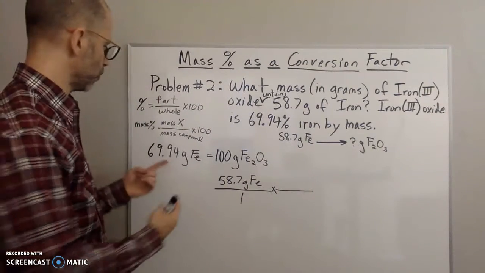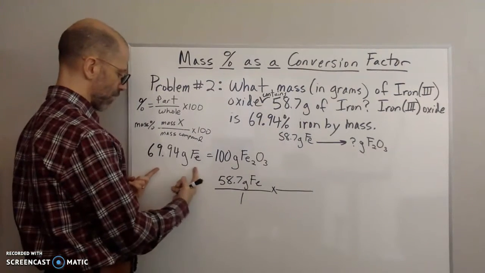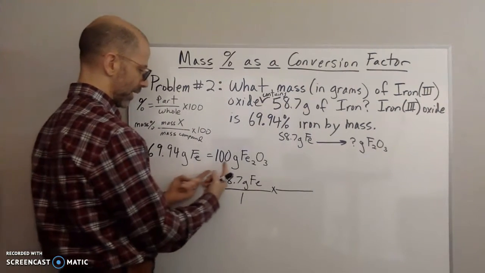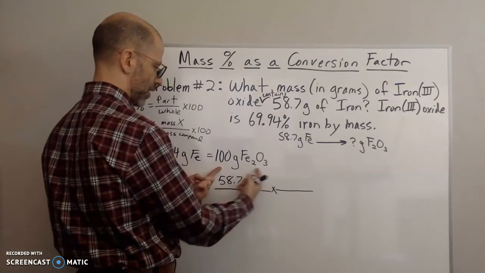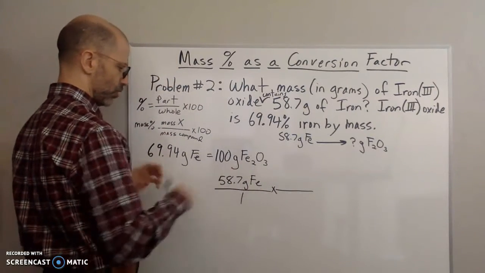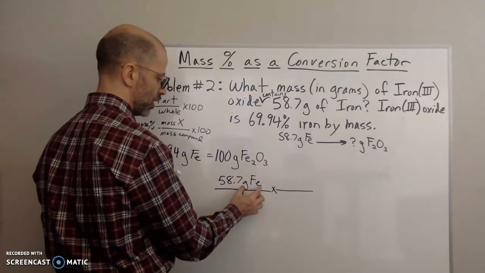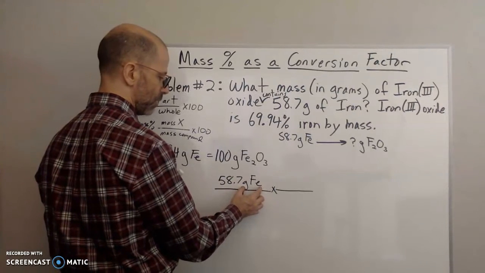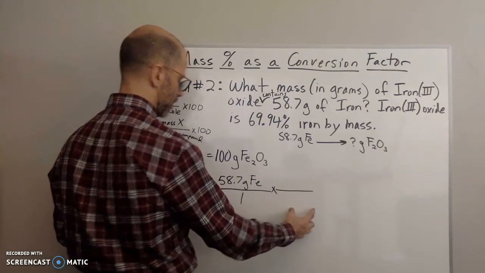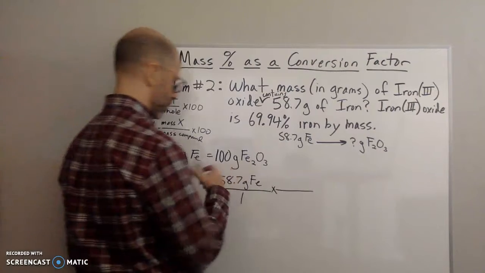Okay, so now we can use our relationship. Here we have grams of iron related to grams of the whole, the iron 3 oxide. So we're going to use that relationship as a conversion factor. So I have grams of iron on the top, so I want grams of iron on the bottom. So I'm going to take this and put it on the bottom.